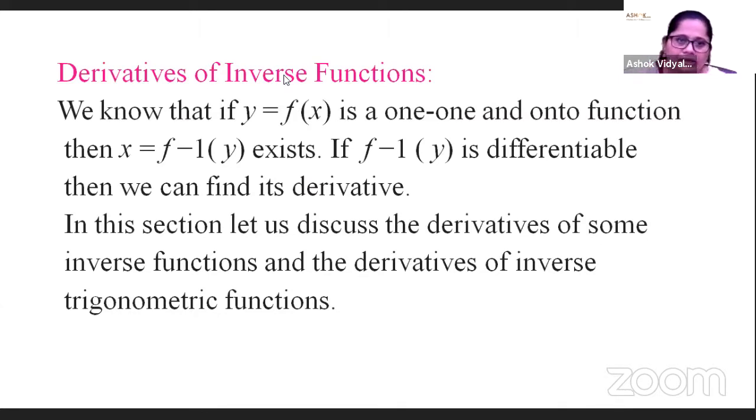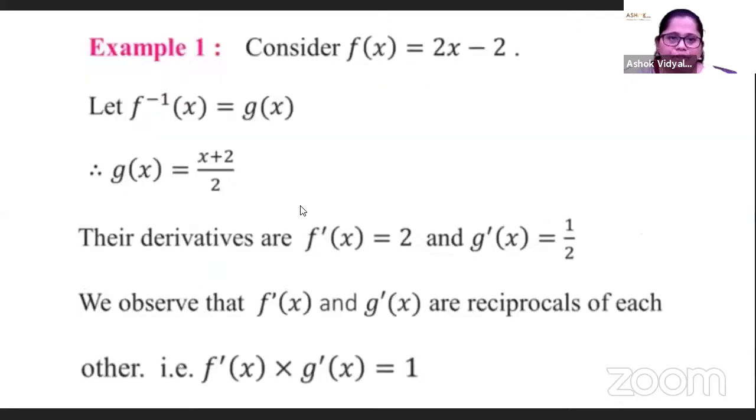Here, our function f of x is a one-one and onto function. Then x is equal to f inverse of y exists. If f inverse of y is differentiable, then we can find the derivative of the function. We see an example on that.